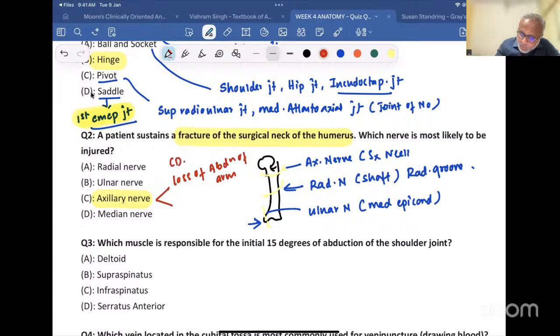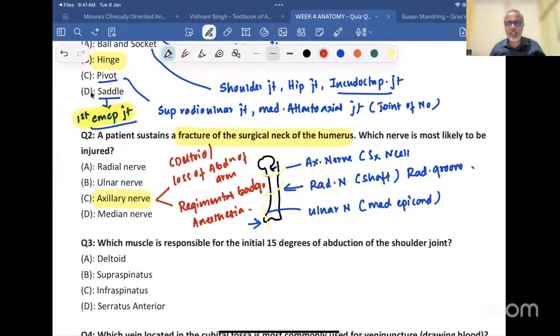And this is because of paralysis of deltoid. Whereas the second important clinical effect is regimental badge anesthesia, right? It's called as regimental badge anesthesia. Done. So this is regarding fracture of surgical neck of humerus.